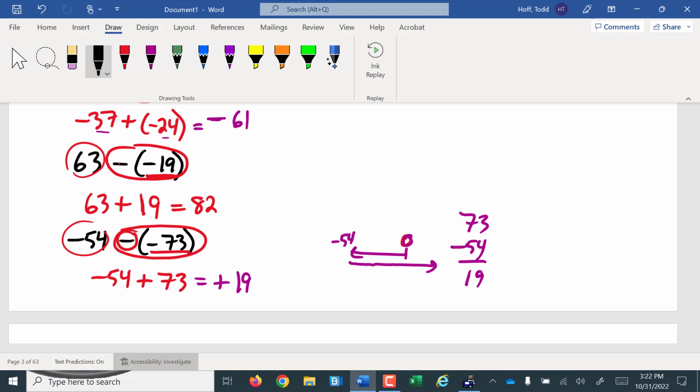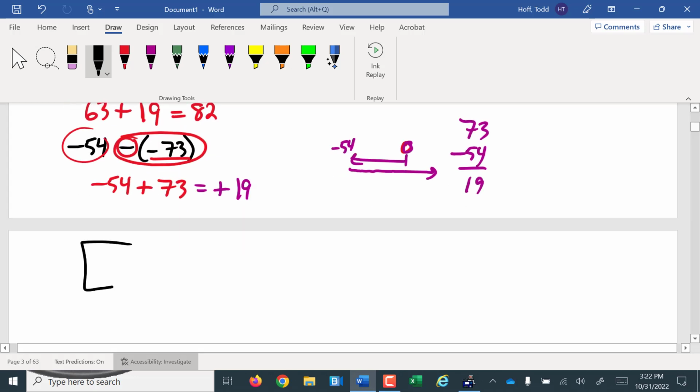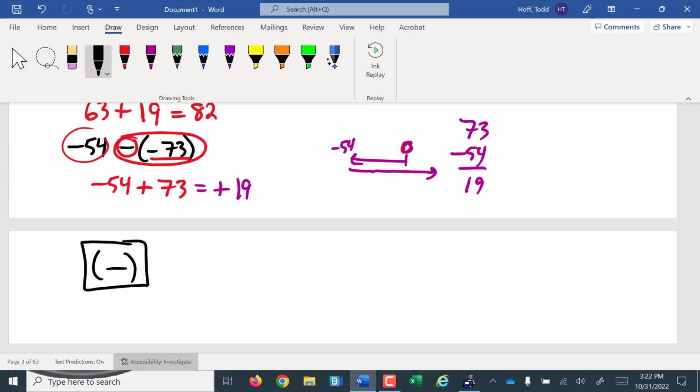There is also a negative button on your calculator. Depending on which calculator you have, you will either have a button that looks like this, negative. You would press that before you enter the number. Or some calculators have what's called a swap sign button. Looks like that.